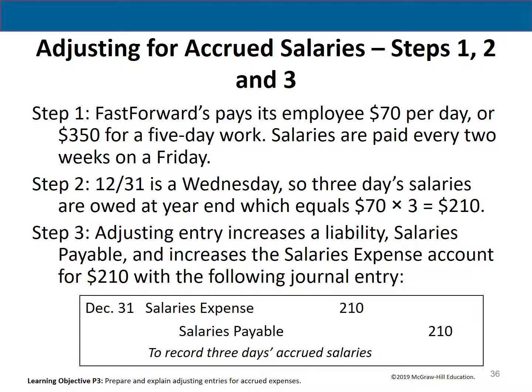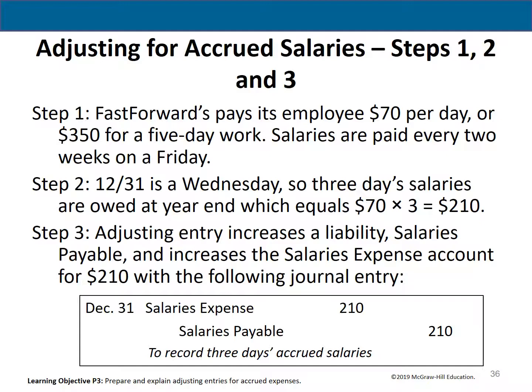Look, Fast Forward pays its employees $70 per day or $350 for a 5-day work week. Salaries are paid every 2 weeks on a Friday. December 31st is a Wednesday, so 3 days' salaries are owed at year end.